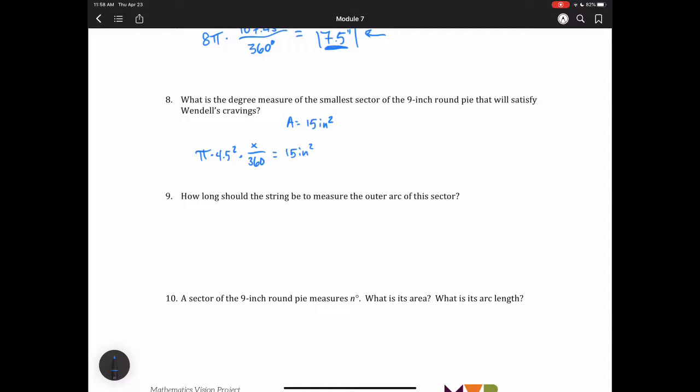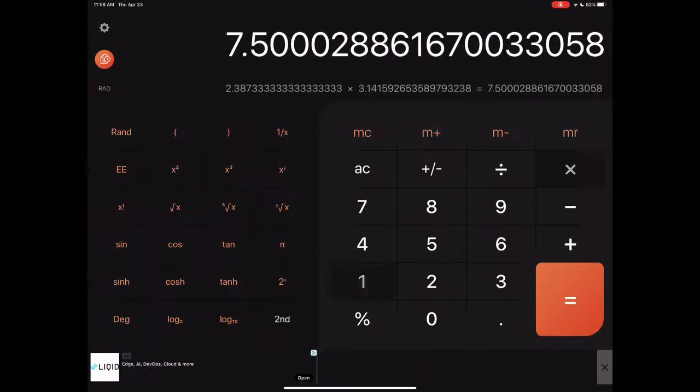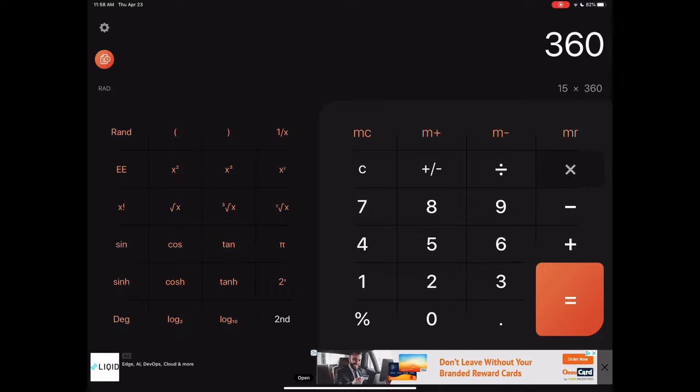So now I can again do the same thing where I divide by pi and 4.5 squared, and then I will multiply by 360, and I'll do that to both sides. Oops, 4.5 squared. There we go. So I'll plug that into my calculator now. So I've got 15 times 360 divided by 4.5 squared.